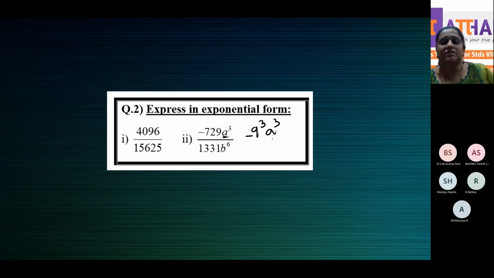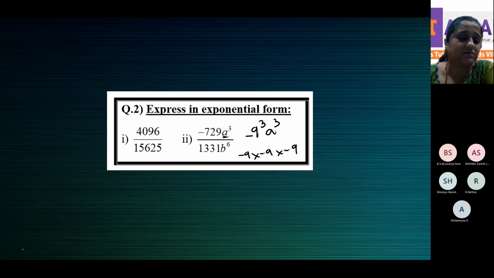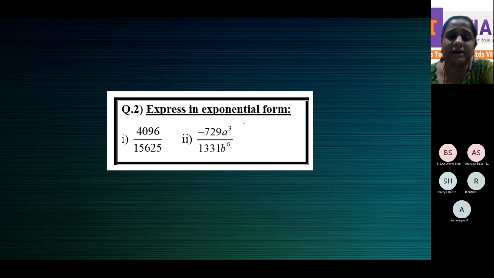So it will be minus 9. Minus 9 into minus 9 into minus 9 is minus 729. So minus 729 is minus 9 cubed. Okay. And then you have a cubed.